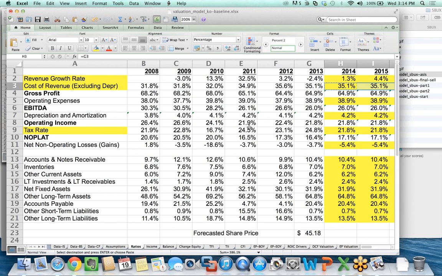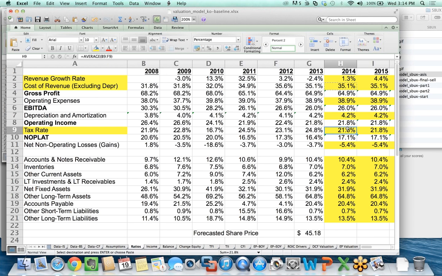And the other assumption I remember that we made was down here with the tax rate. If you remember, for Starbucks we had taken a 5-year average tax rate and now the 6-year average tax rate, because we said for Starbucks, 2013 was an outlier year.